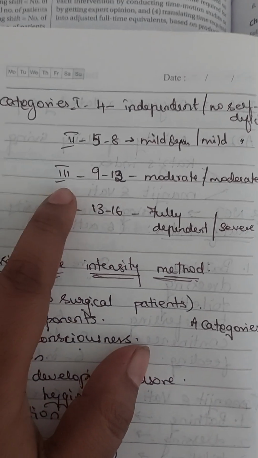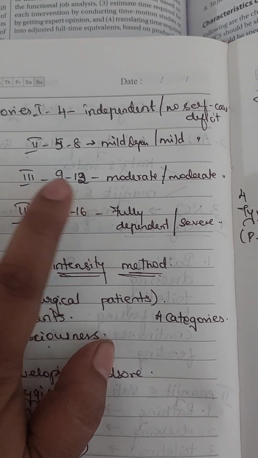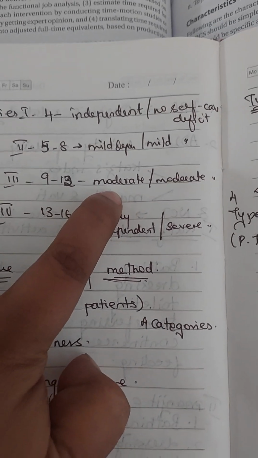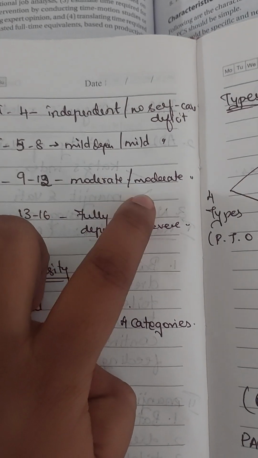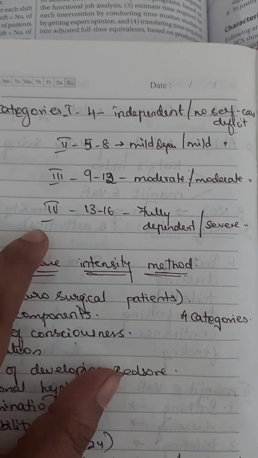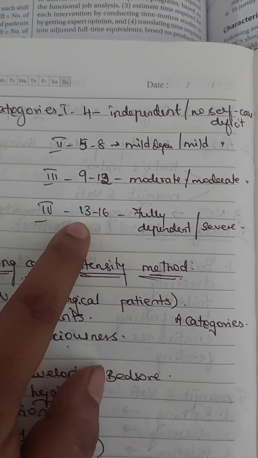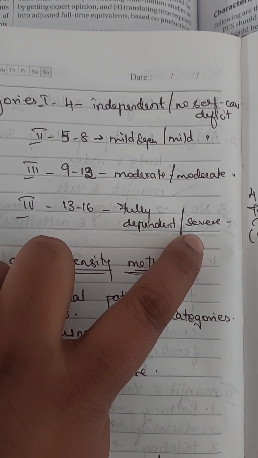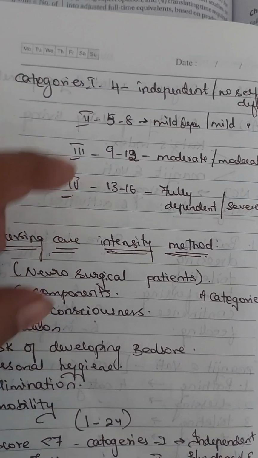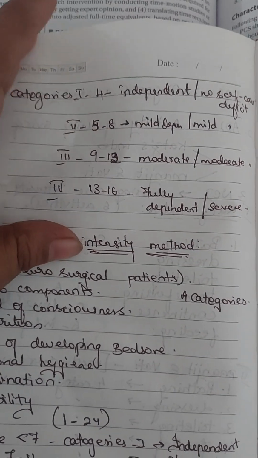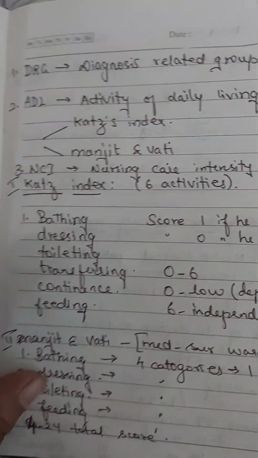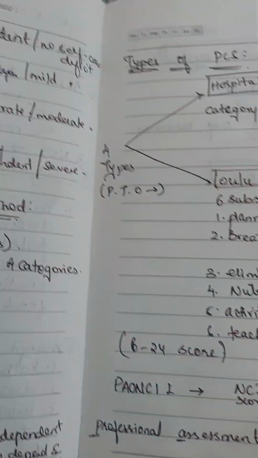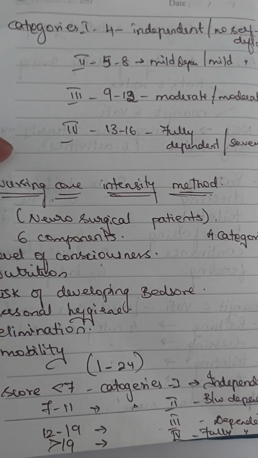Category 3, score 9 to 12: moderate dependence and moderate self-care deficit. Category 4, score 13 to 16: fully dependent with severe self-care deficit. So this is the second one, activities of daily living.